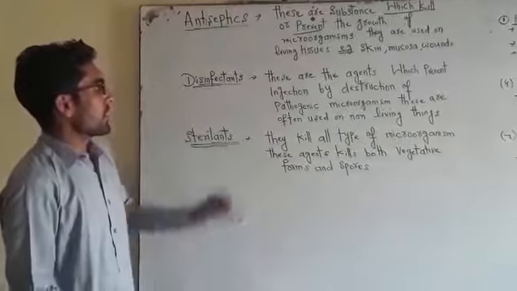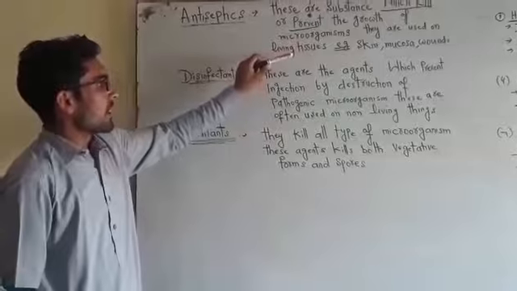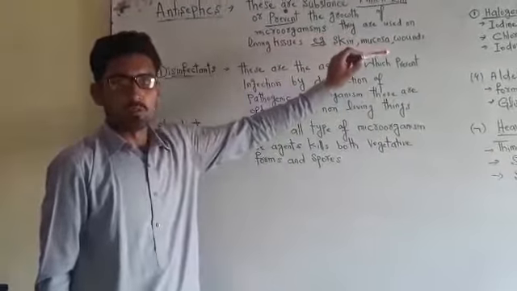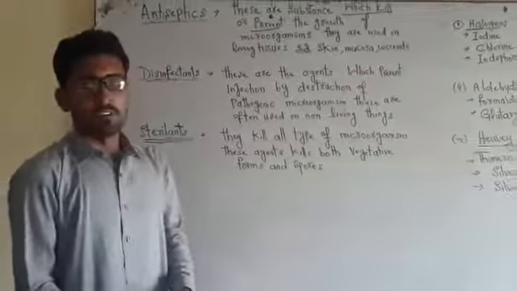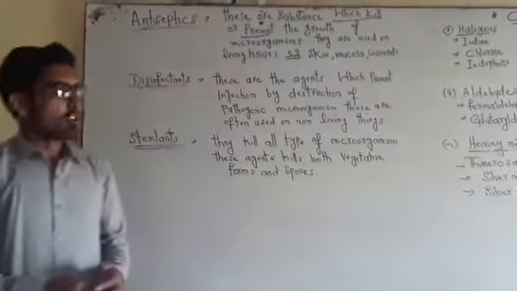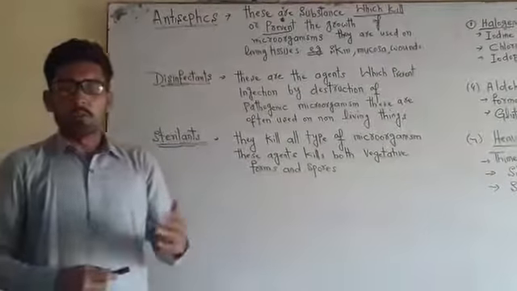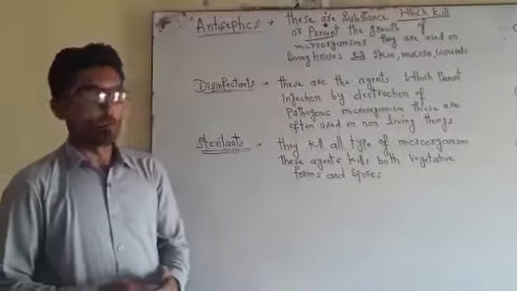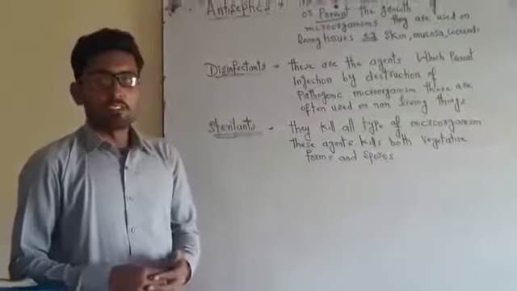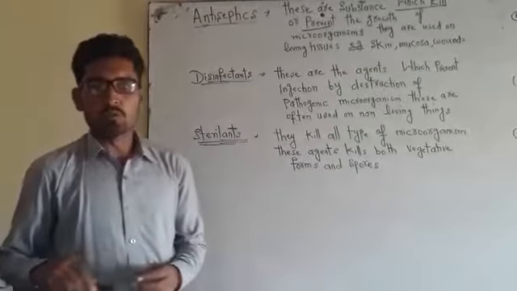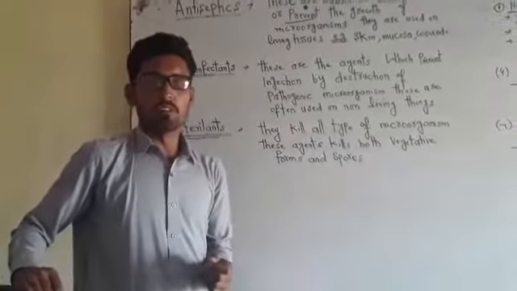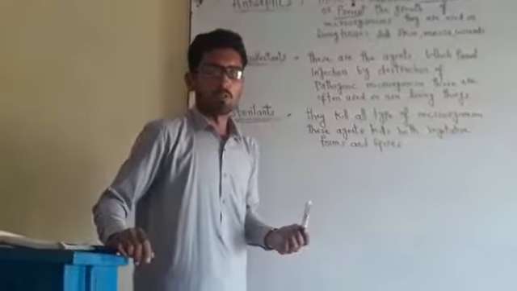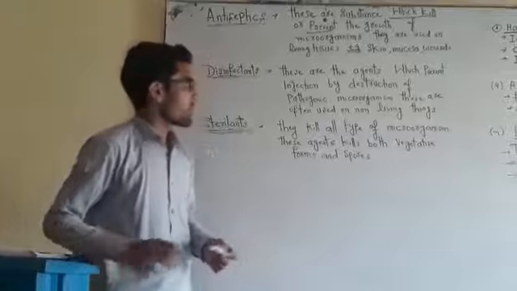They are used on living tissues such as skin, mucosa, and wounds. So the main use of antiseptics is to kill or to prevent the multiplication, the division, the growth of microorganisms, and more specifically they are used on living tissues, that is skin, different types of mucosa, and wounds.